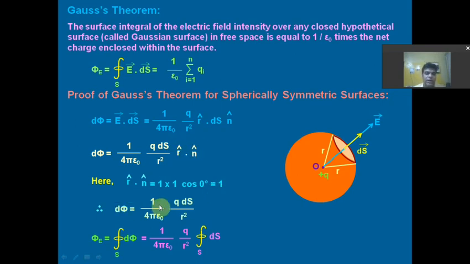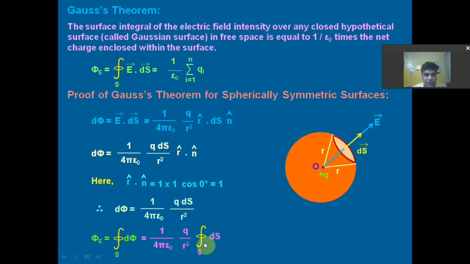So d phi is equal to 1 by 4 pi epsilon naught q ds. So the value only depends upon this ds. Now we come to the total electrical flux. Total electrical flux is the integration of d phi. Integration here we have taken over a closed loop. So putting in the value of d phi, 1 by 4 pi epsilon naught q by r square integral over s of ds.